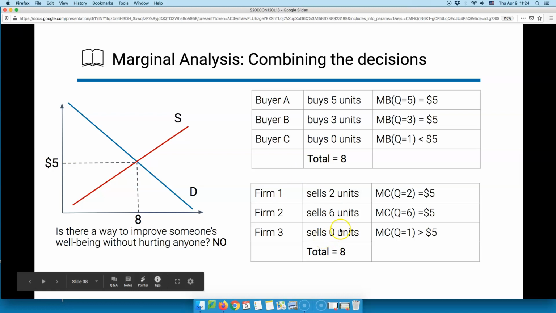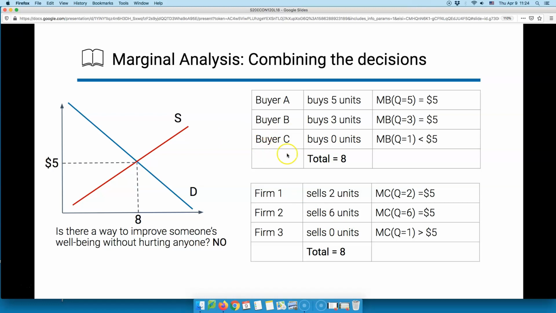We're not looking at the reason that buyer C doesn't buy anything at all. We're just looking at the market outcome, and we can say that there is no way to readjust consumption or production, produce more or less, and improve somebody's well-being without hurting anyone.